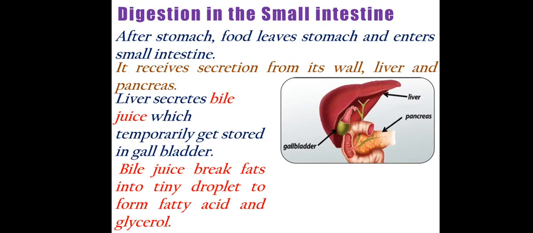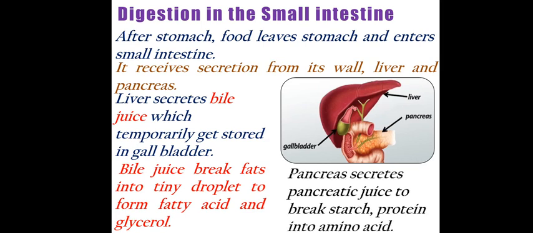So bile juice help in the breakdown of fats which are present in our food material. So fats molecules are going to be break down into the simpler one, that is fatty acids and glycerol. So this bile juice is going to break down fats into simple fatty acids and glycerol.